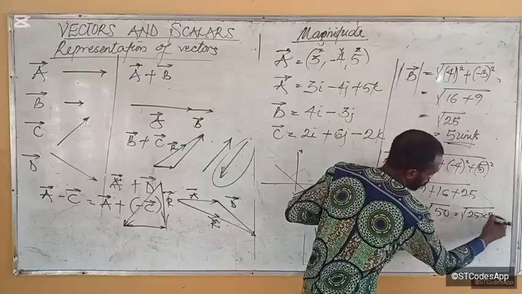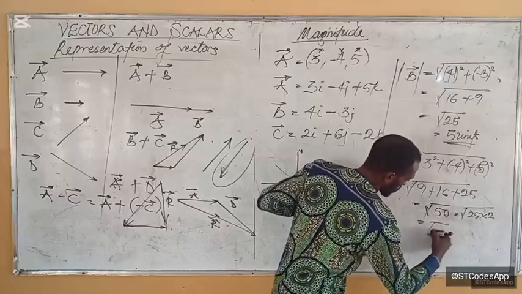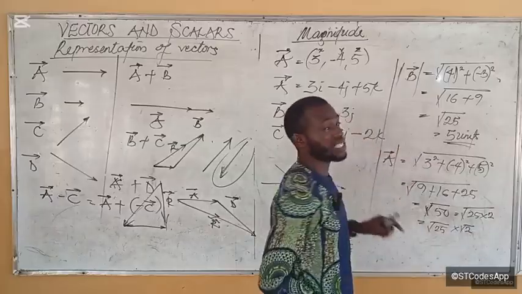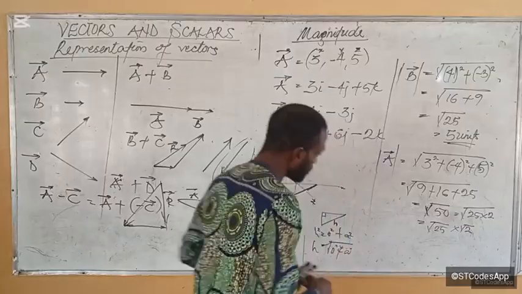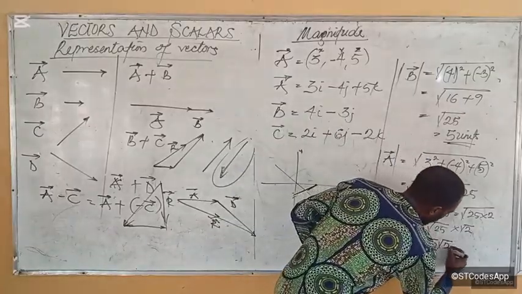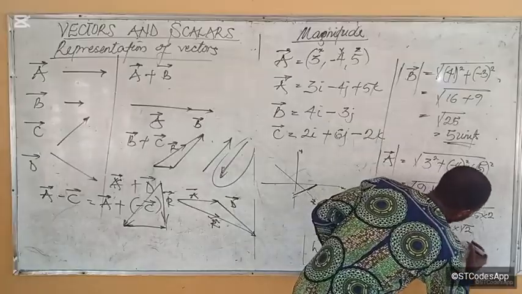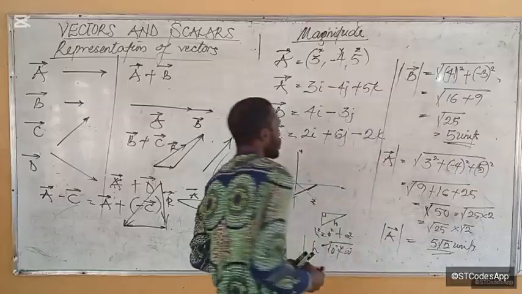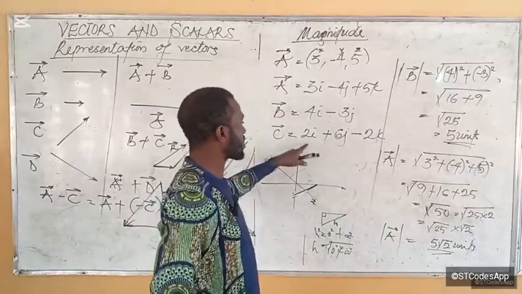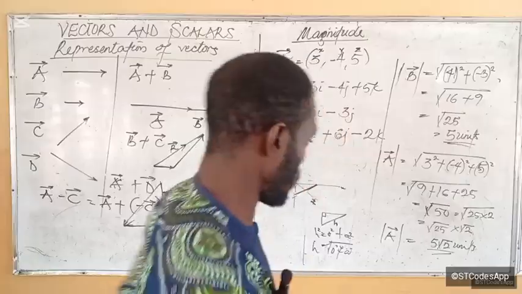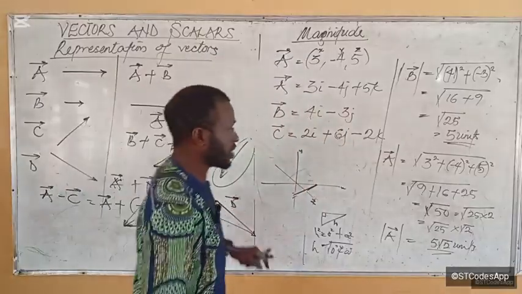So the square root of all of that is the square root of 50. Root 50 will be root 25 times root 2. Root 25 is 5, so we have 5 root 2 units. So that would be the magnitude of vector A.